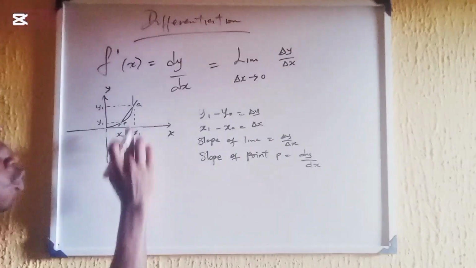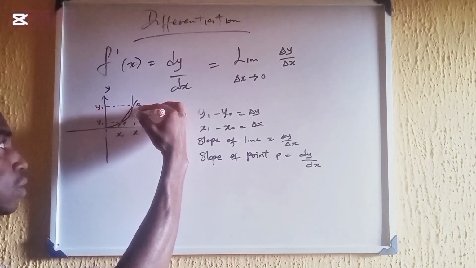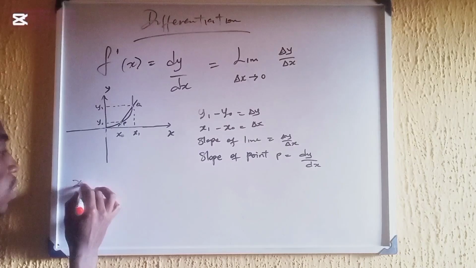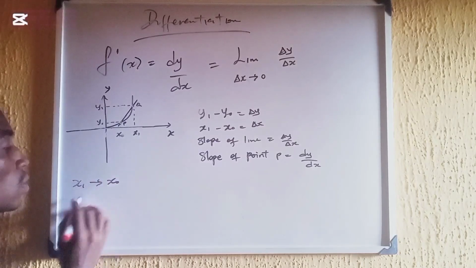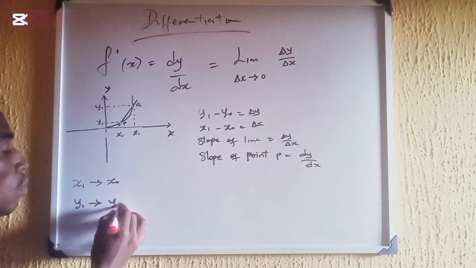So what happens to the slope of this line? Assuming this point Q begins to move downward until it gets to P, you notice that x1 will be approaching x0, then y1 will also be approaching y0.